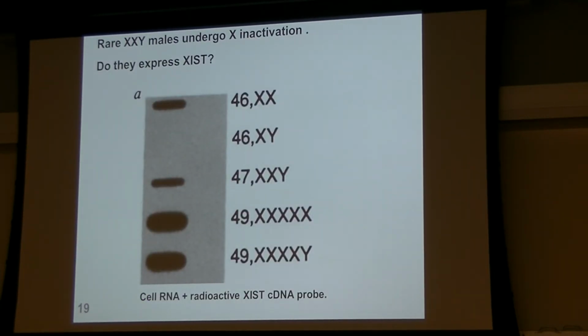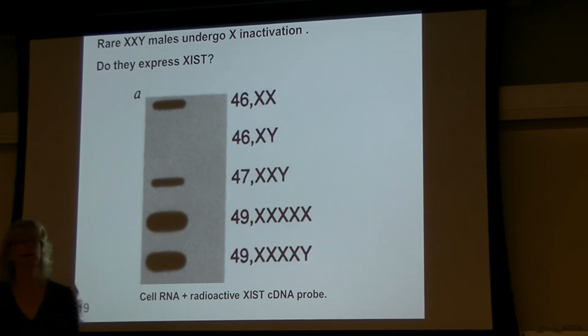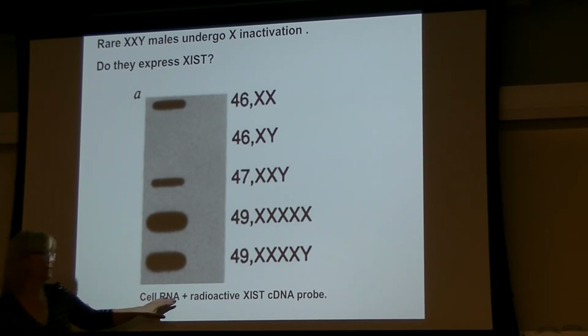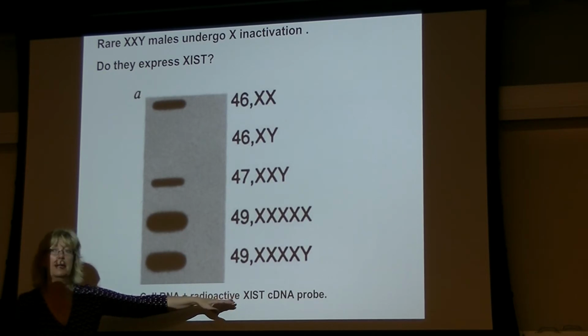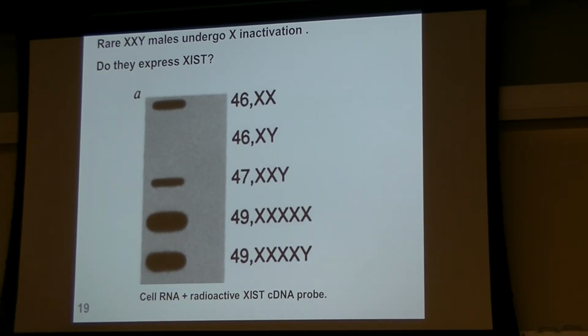So what about these rare males, such as XXY? And here are a bunch of different genotypes from humans. Normal humans have 46 chromosomes and can be either XX or XY. And if you look at a probe for exist, so this is going to be a radioactive probe that can detect the presence of exist. In the case of XX, they're transcribing exist from the inactive chromosome, so it's present.